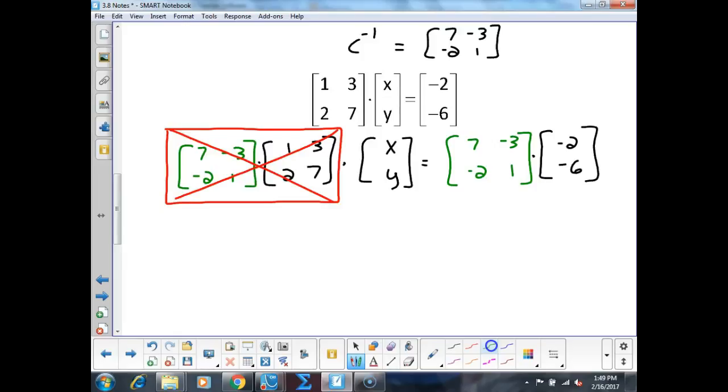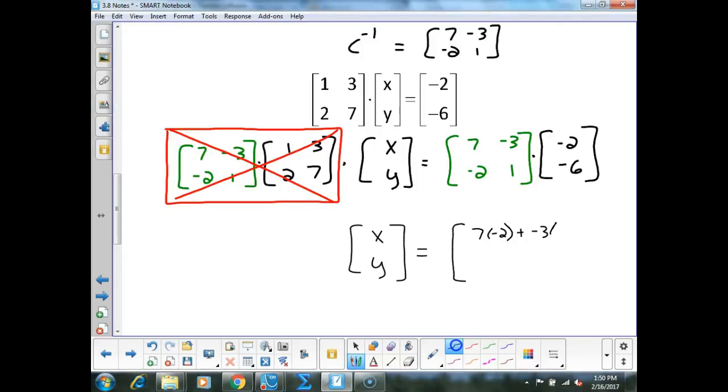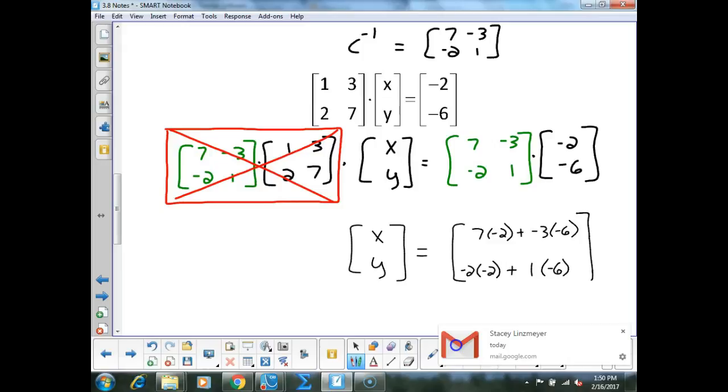So that leaves me with x times y, or excuse me, the matrix xy. And what can I do on the right side? We can do that multiplication. 7 times negative 2 plus negative 3 times negative 6. Negative 2 times negative 2 plus 1 times negative 6.